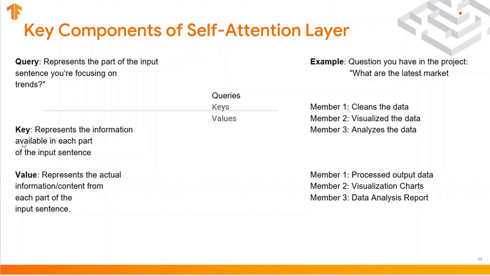So this is how queries, keys, and values work. The first represents the part of the input sentence where you're trying to focus, the second represents what is available in each part of the input sequence, and the third represents the actual information you're trying to get from it.